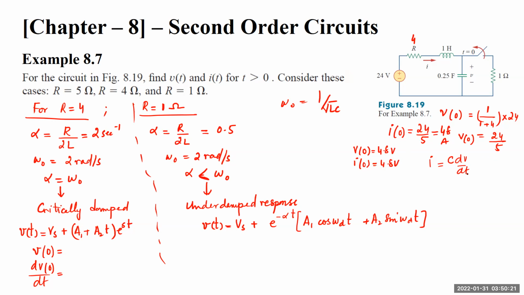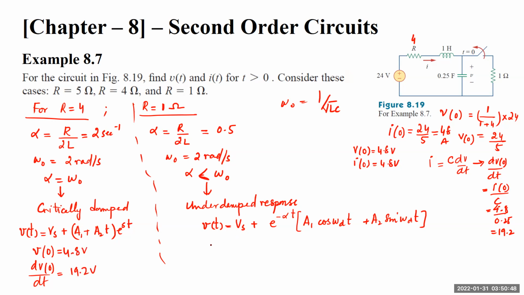So dv(0)/dt will be i of 0 divided by C, so 4.8 divided by 0.25 gives dv/dt equal to 19.2. So in this case, we have 4.8 volts and 19.2 volts per second.